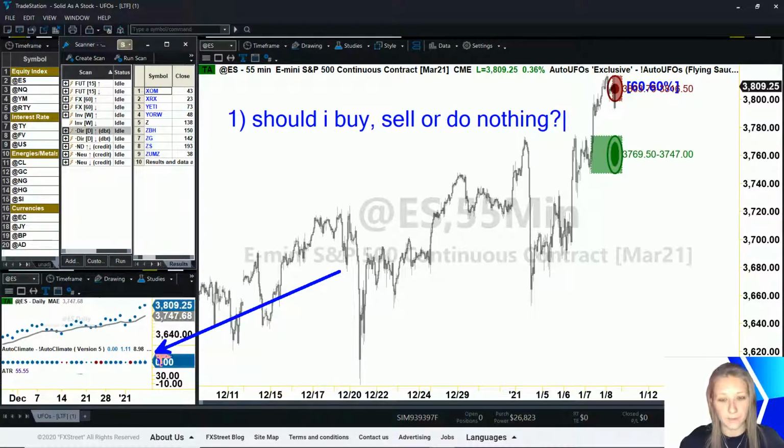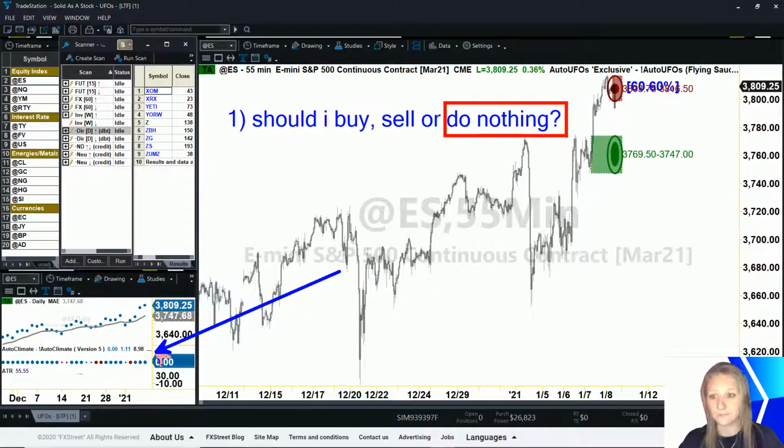Now, a really important thing about this bit is: do nothing. Sometimes the best thing to do in the markets is not to do anything. Why place a trade that lacks probability for the sake of placing a trade and then likely losing money? Better to have not traded at all that day and saved your money and your time. So we use technology to help us answer this question. This question sounds simple, but there are probably millions of reasons why people could argue for any one of these three things.